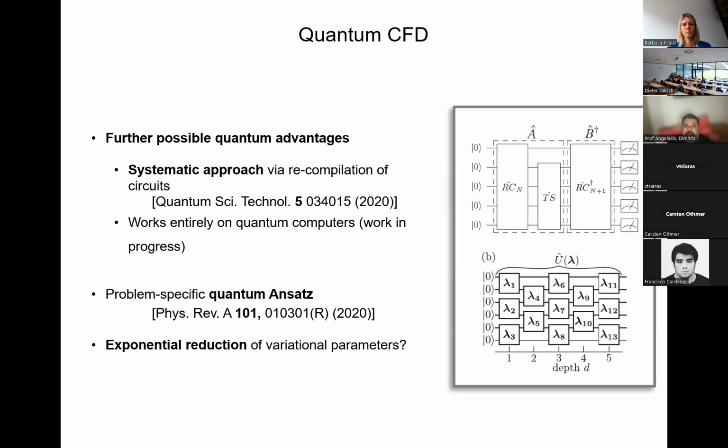And we've developed a systematic approach that recombines circuits, and this is published here, which works entirely on quantum computers. It basically allows you to take a quantum network that provides the variational solution for the velocity field at time t, and then an additional network that steps that velocity field forward to time t plus delta t, and compress it so that it doesn't grow in size.